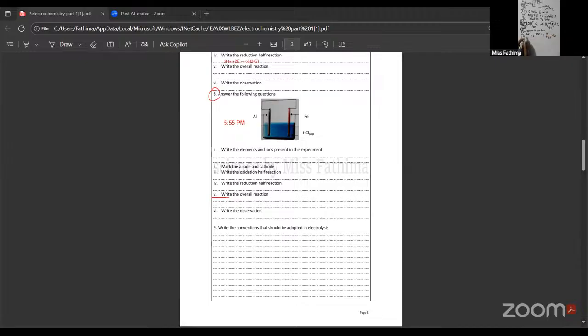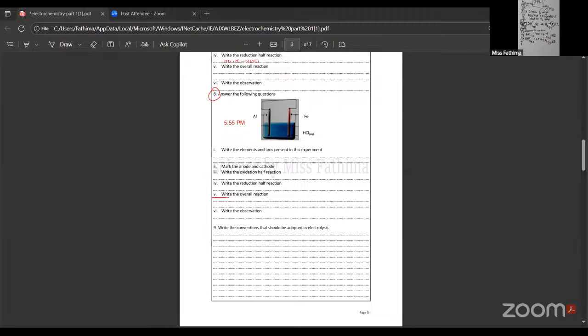Then for the second one, you're going to multiply by 3, right? You already have 2. 2 into 3, that will become 6H plus aqueous plus 2 into 3, that will become 6 electrons. Then you draw the arrow. Then you have 3H2 gas, right? So this is going to be the fourth equation, right?